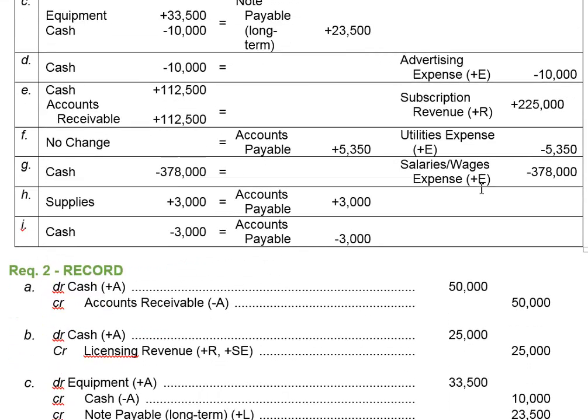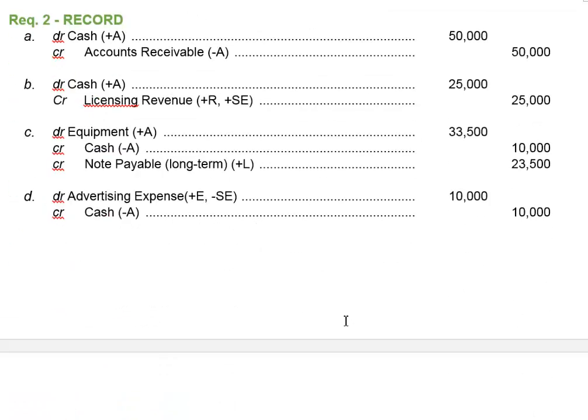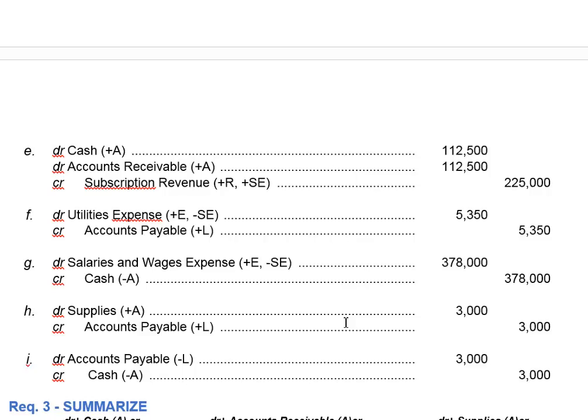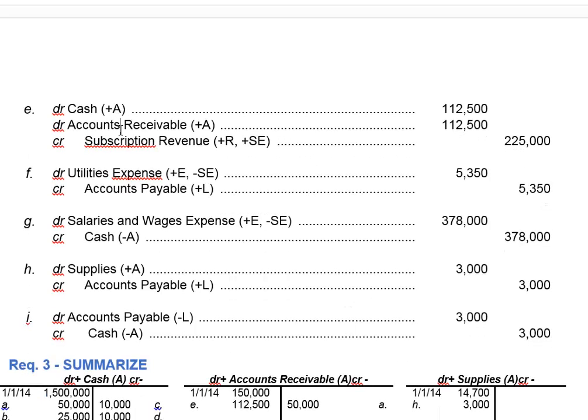We also said that we were receiving cash for half of it, and we know that we were receiving the rest from our customers later. So that means we're going to increase two assets and credit our revenue account. And again, don't forget, all debits go in first, and then your credits go in second. Debits align to the left, and credits align to the right.